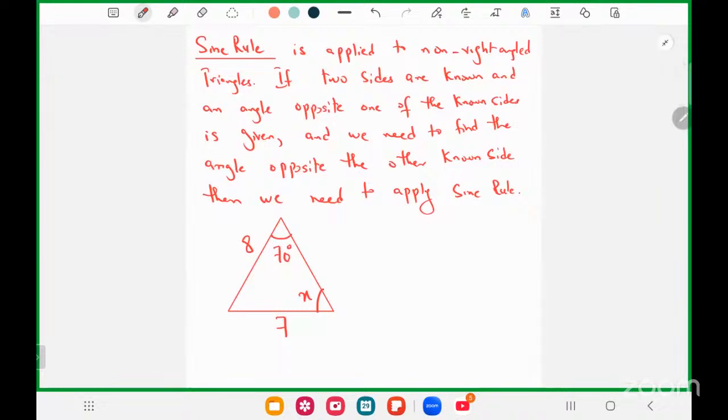To find this unknown angle, we have to apply sine rule. I will explain shortly how to apply it.